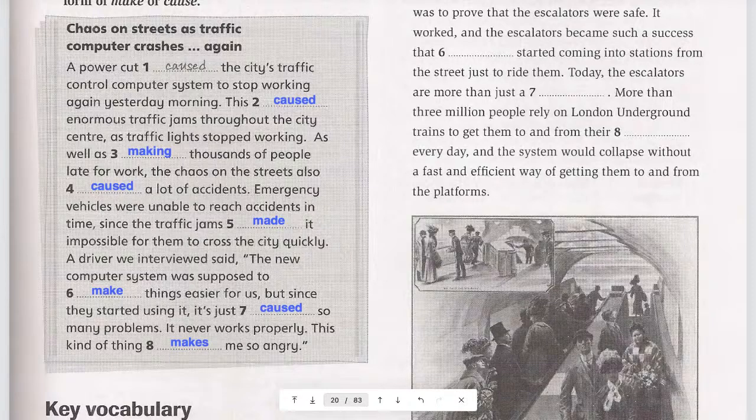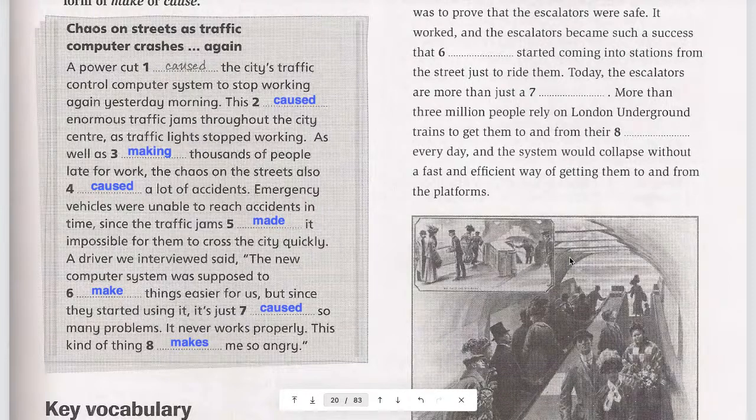We don't know exactly when. And it continues to the present. That is the present perfect tense. It must start somewhere in the past. We don't know exactly when, but it still continues to the present, or very close to the present.